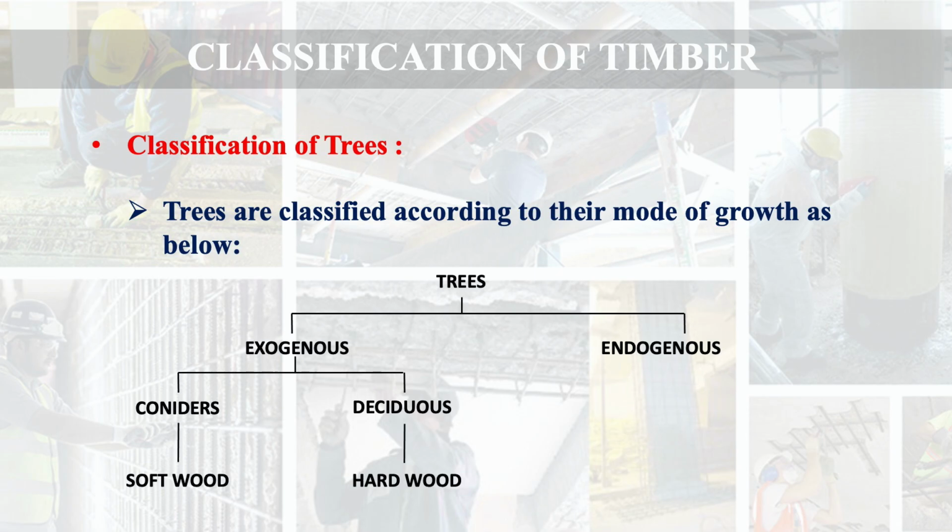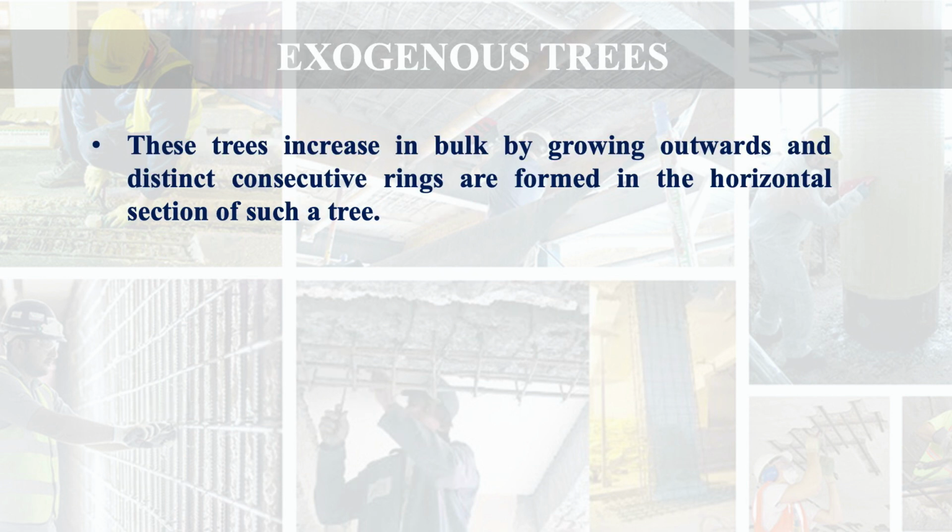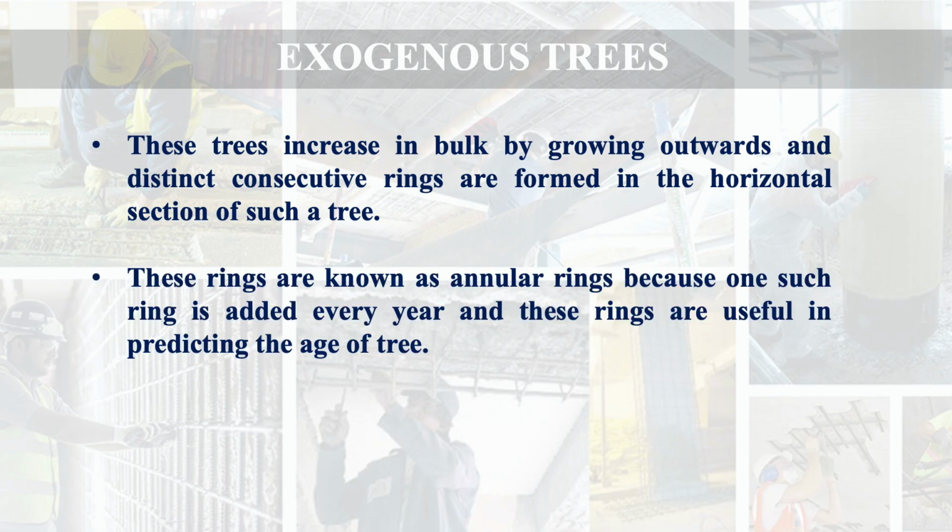Now let us elaborate on exogenous trees. These trees increase in bulk by growing outward, and that is why their name is exogenous trees. Distinct consecutive rings are formed in the horizontal section of a tree.